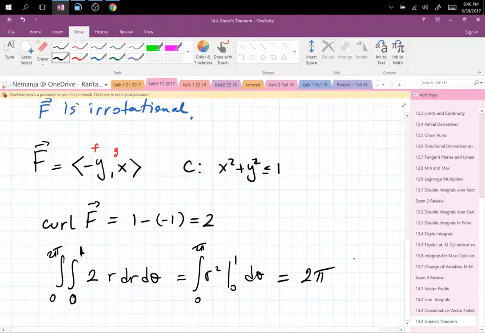So when you compare this amount of work to what we had to do in 14.2, as you can see, we did not involve parametrization here at all. We just flew right through. Now, the circle is smooth. It's differentiable. Smooth means differentiable, right?